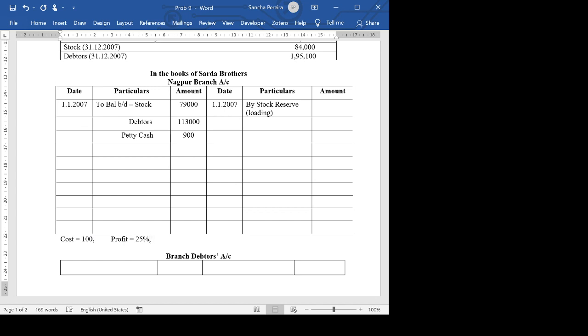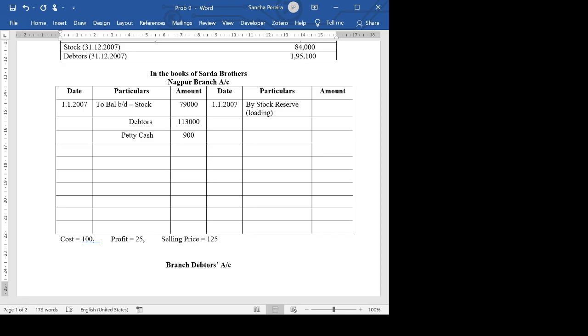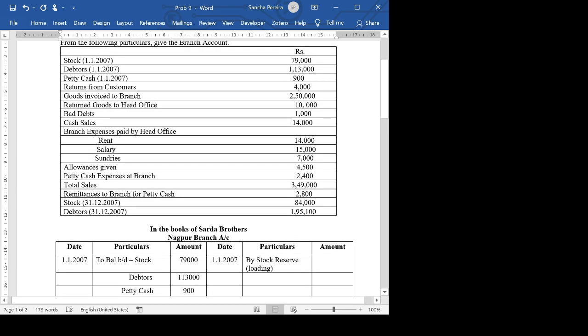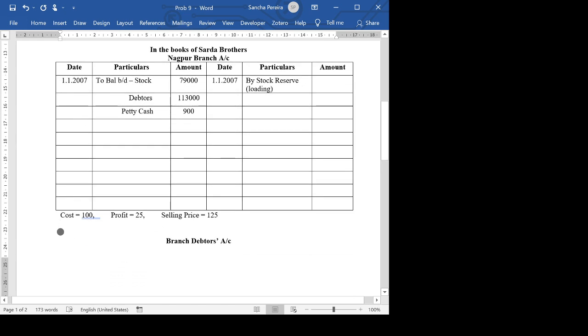So the selling price is equal to 125. Now we know the selling price. In case of opening stock, it's 79,000, so 79,000 is 125.